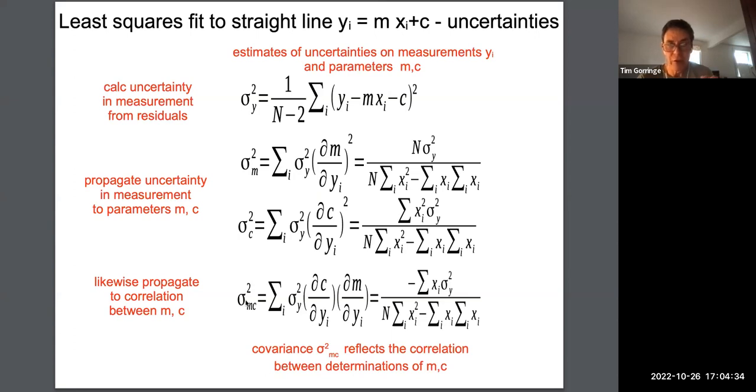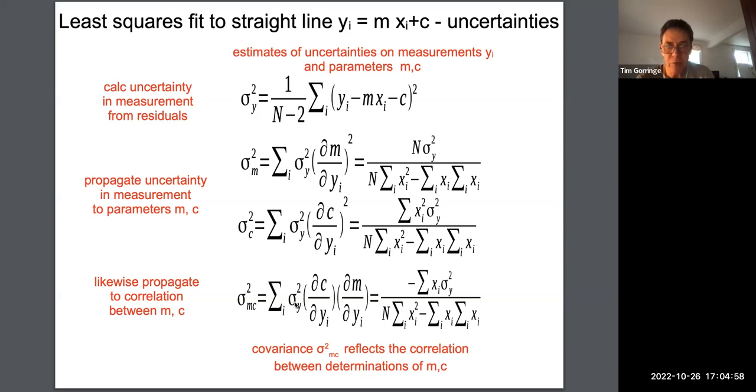If we found that this quantity was not zero, then it would be saying that if you change the slope, you'll tend to change the offset, and vice versa. So this measures a correlation between the m's and c's, and we call it a covariance or a correlation coefficient.